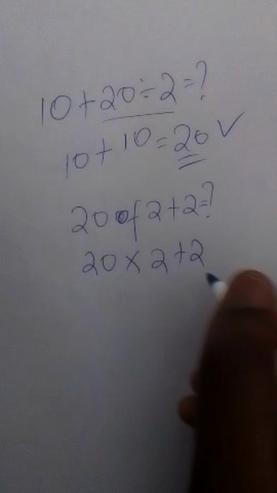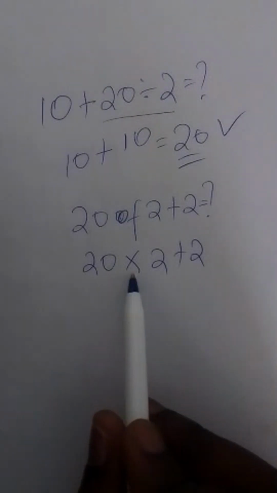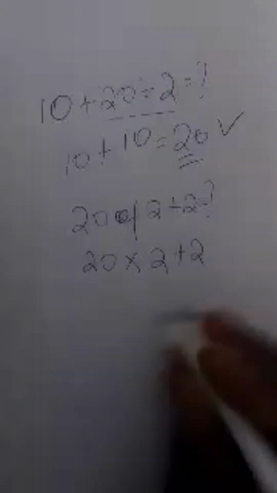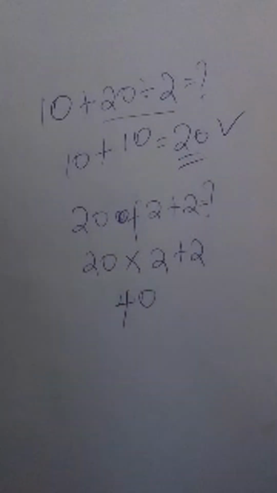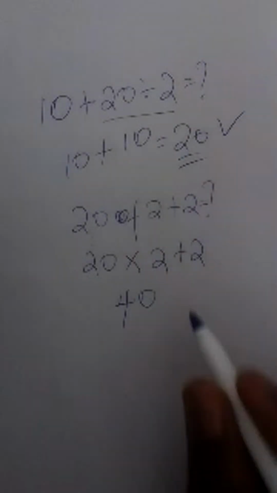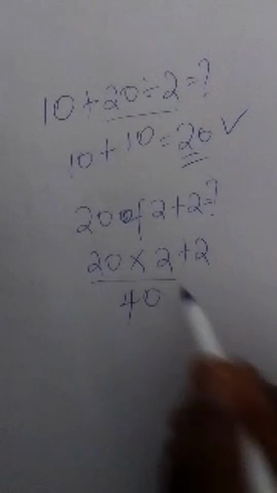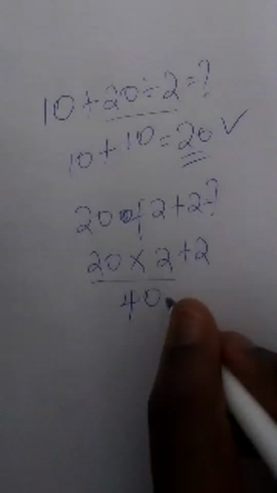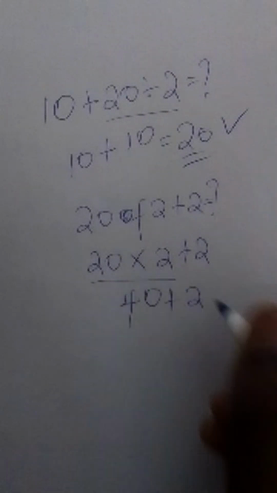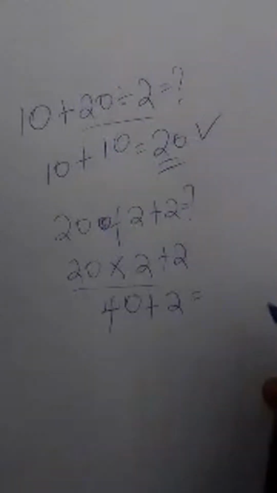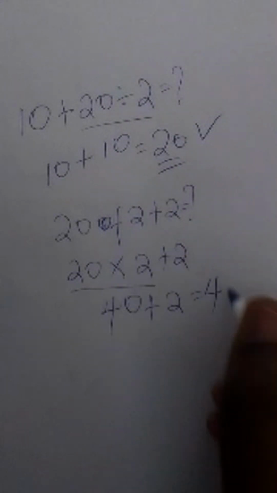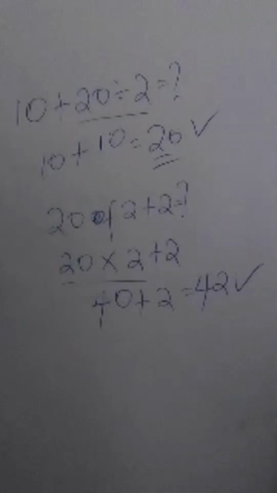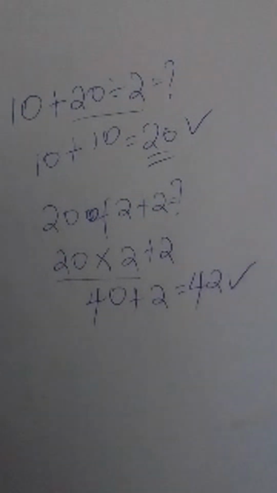So now from here we shall have 20, from there we already worked this out. Now we have plus 2 here, and our answer shall be 42. So our correct answer is 42. So that is how it is worked out.